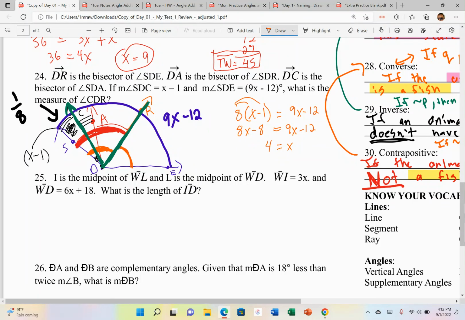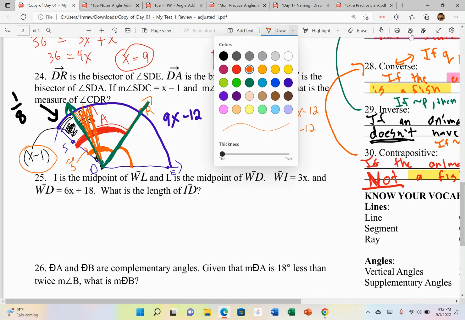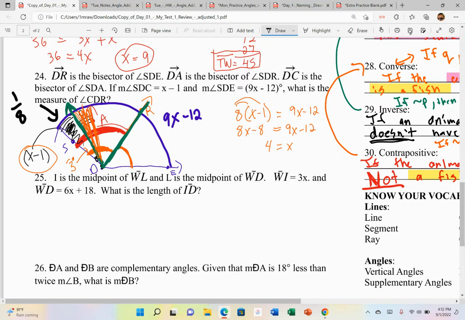Okay. Now that we know what x is, we have to go back and plug it in, right? Easiest right here is that this angle, x minus 1, right? 4 minus 1 is what? 3. So if this angle is 3 degrees, that means this small angle right here is also 3 degrees, right? Now check this out. Isn't this angle 3 degrees too?